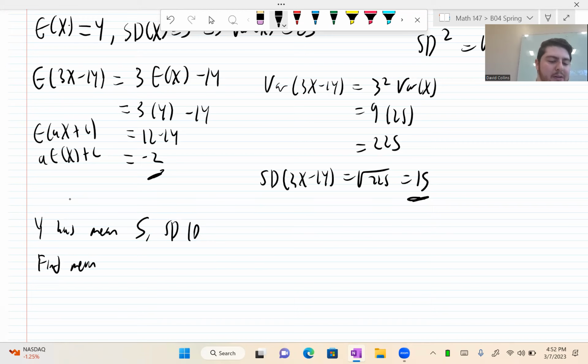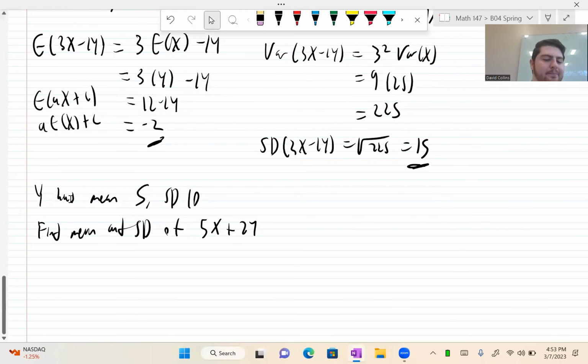Find the mean and standard deviation of 5x plus 27. Take a minute to do that and then we'll go over it. If you get this, that's a free 10 points or so on the test on Monday.